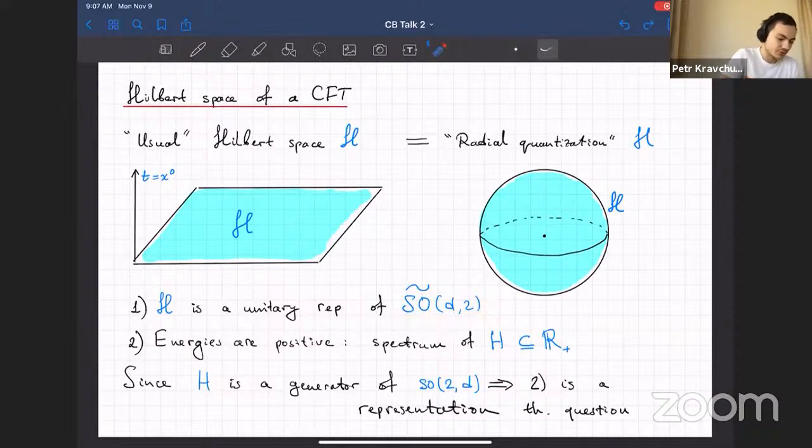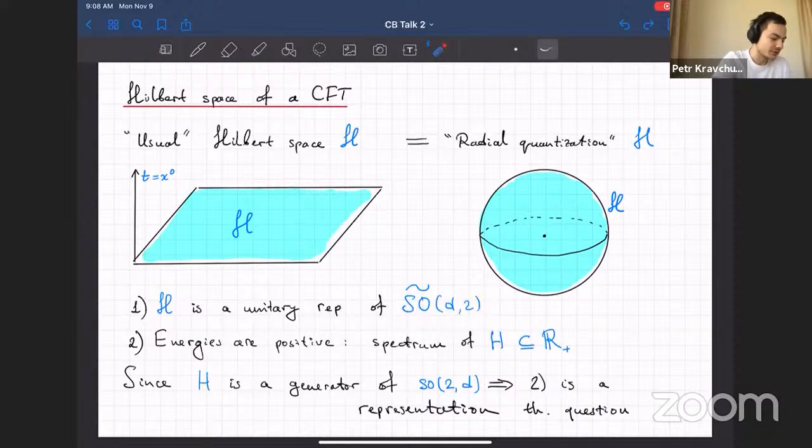Another point is that, as usual in quantum field theory, we impose the constraint that the spectrum of the Hamiltonian in this picture is positive. The energies in quantum field theory are non-negative, so we want the spectrum of H to be a part of the positive real line. Now, this condition is obviously physically important, but from our discussion it's important because the Hamiltonian is a generator of this group, and therefore the question of whether its spectrum is positive or not is a question about the representation theory of this group.